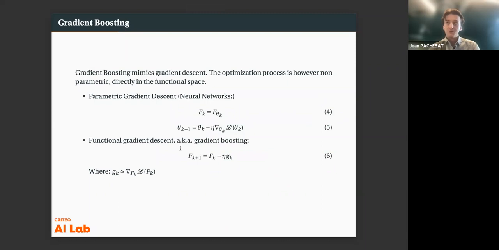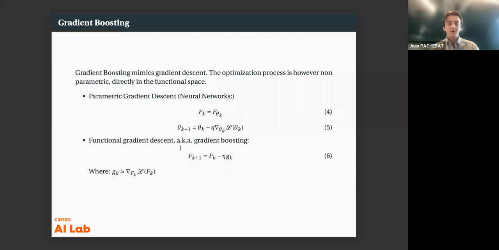In a more mathematical sense, a bridge was built between boosting and gradient descent further in the 1990s with the development of the theory revolving around it. And it was discovered that gradient boosting actually mimics gradient descent. However, the optimization process is not parametric, and it's directly in the functional space.